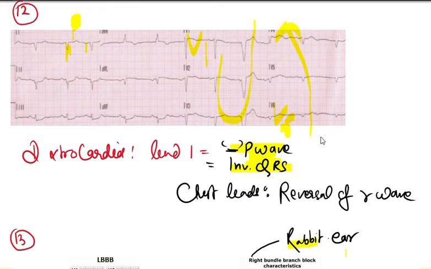The maximum R wave we can see is in V1, very small, but still among V1 to V6 this is the maximum. There is almost no R wave in V5 and V6. So this is the reversal of R wave in chest leads. This is the condition in dextrocardia.